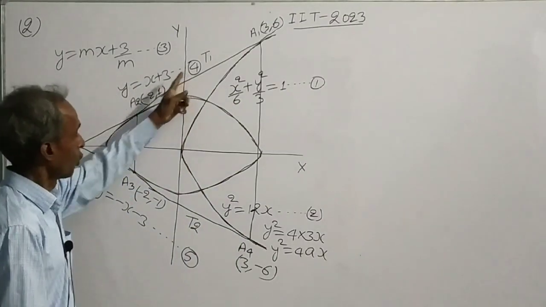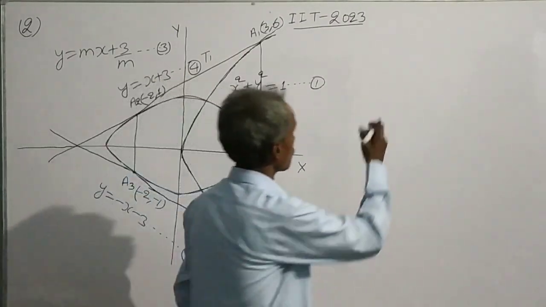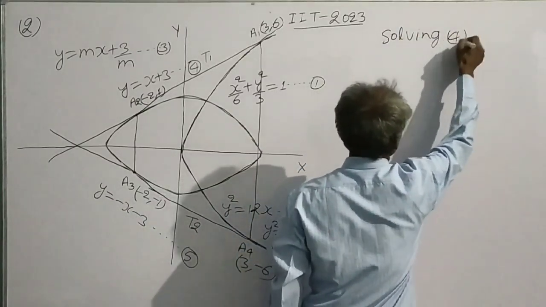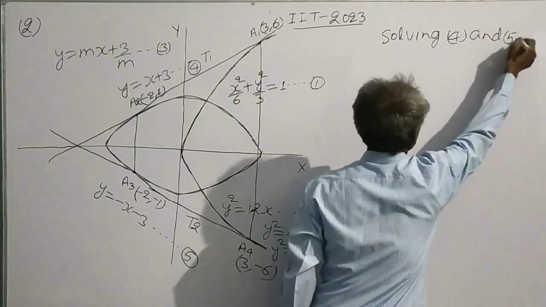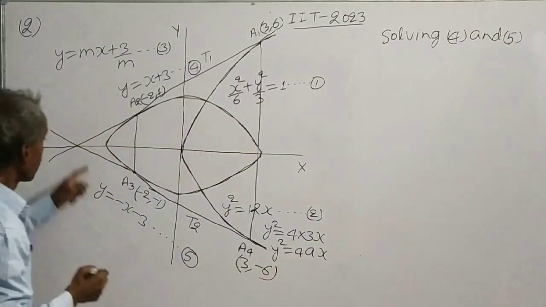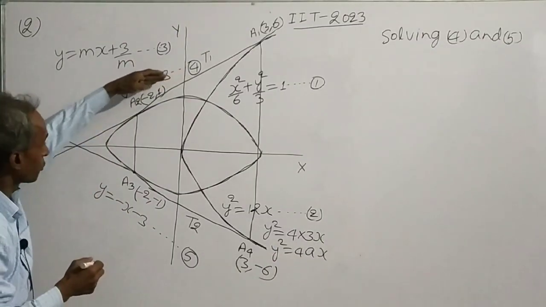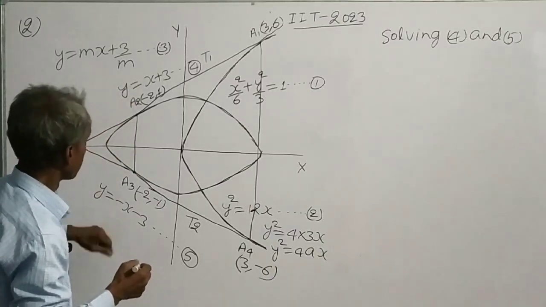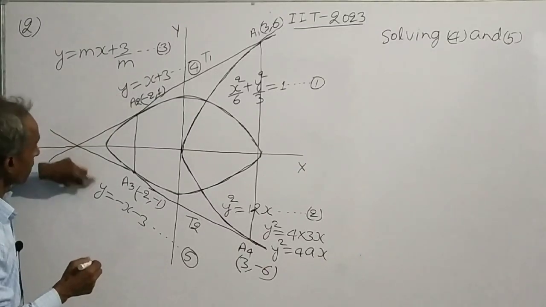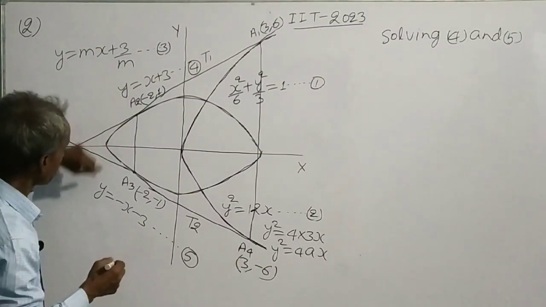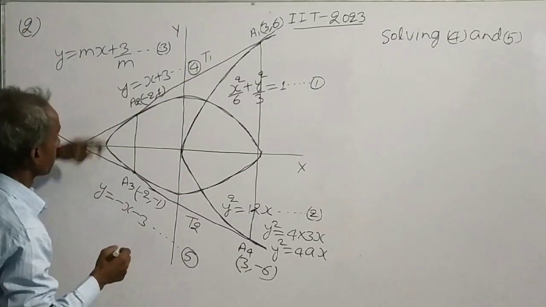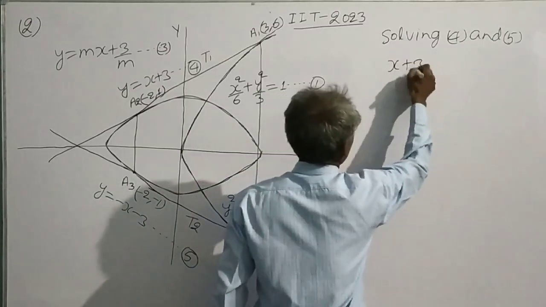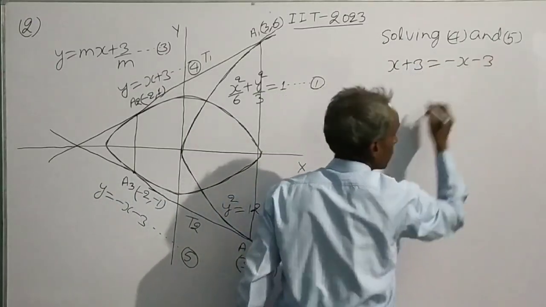Solving 4 and 5, that means the equation of T1 and the equation of T2, the left side in both equations is y, therefore the right side will be equal. That means x plus 3 will be equal to minus x minus 3.